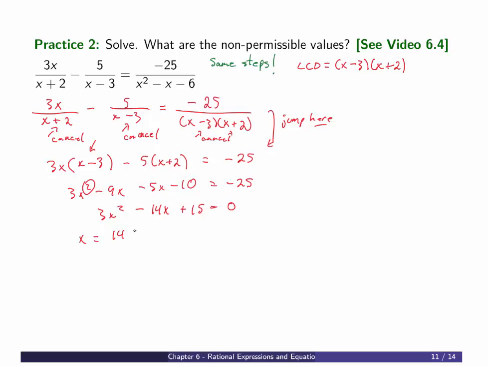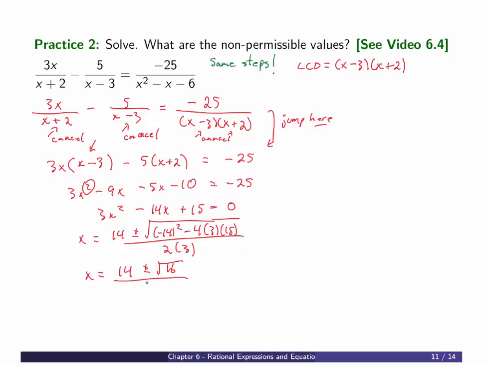We get 14 plus or minus the square root of b squared, which is negative 14 squared, minus 4 times 3 times 15, all over 2 times 3. So let's just compute that discriminant really quickly here. We're going to have negative 14 squared, 196, minus 4 times 3 times 15. Yeah, 16. Oh, look at that.